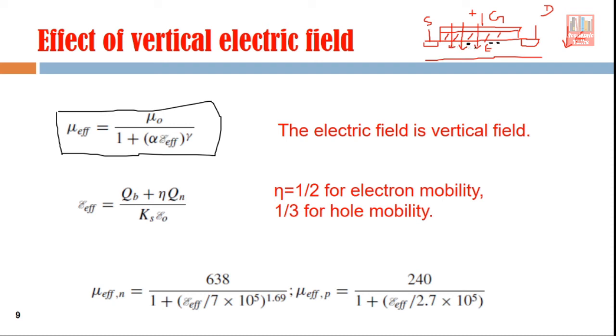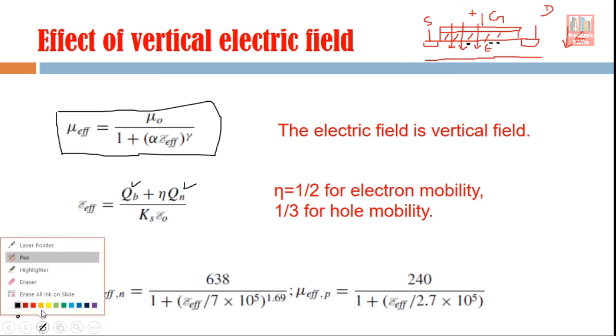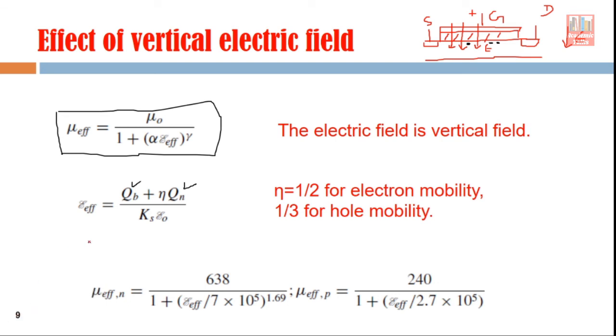So this is negative charge in the semiconductor, contributed by the free electrons, the Qn component, and by the bulk charge, which is because of immobile ions. So this Qb is because of immobile ions, and Qn is because of free electrons, and this is a constant here.